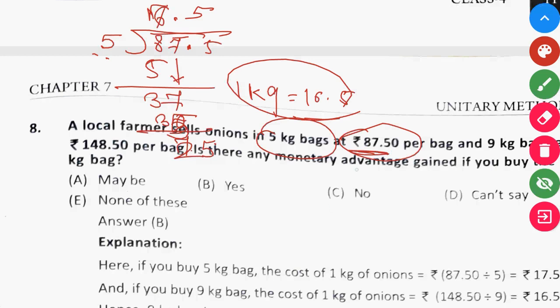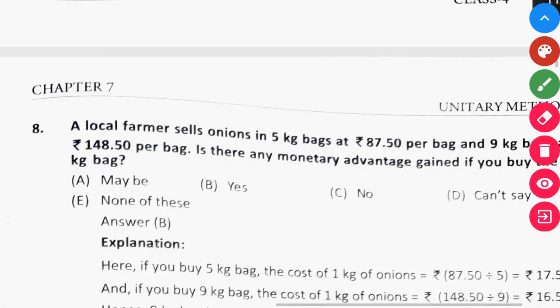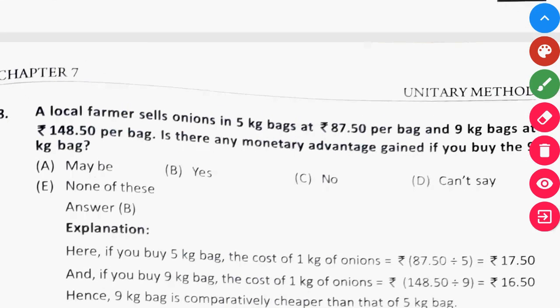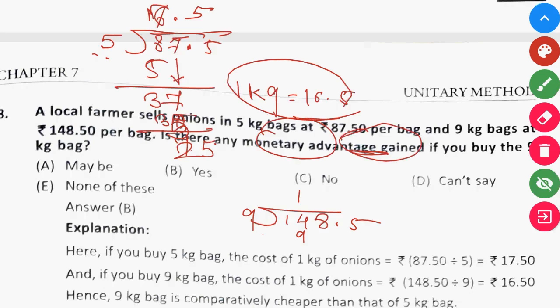And now we have to calculate the cost for the 9 kg bag. So 148.5 divided by 9. 9 ones are 9, 5 will be the remainder. 8 will come down, it becomes 58.